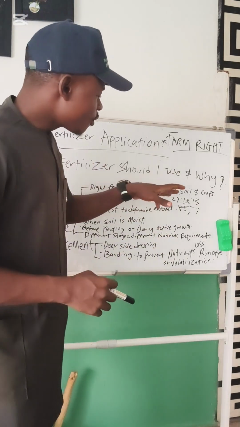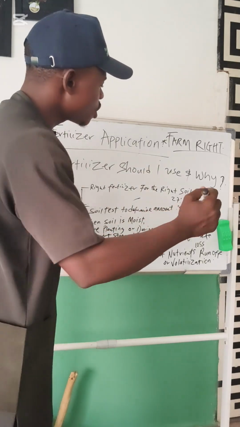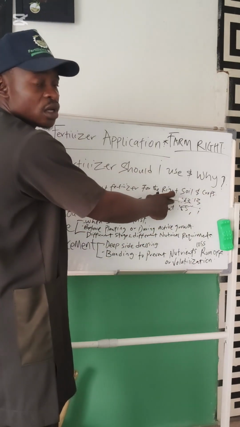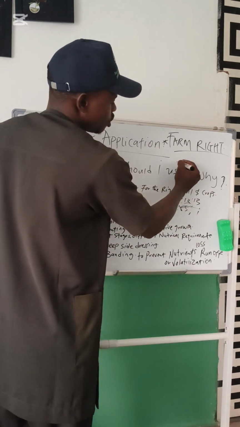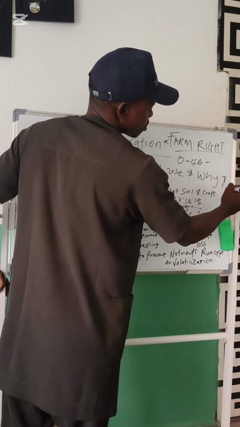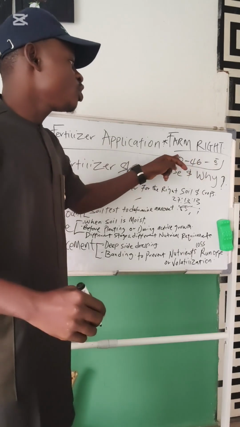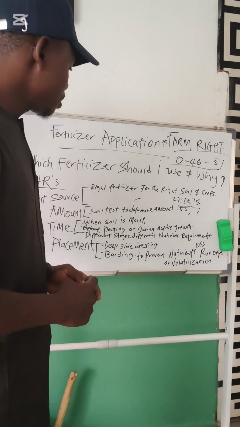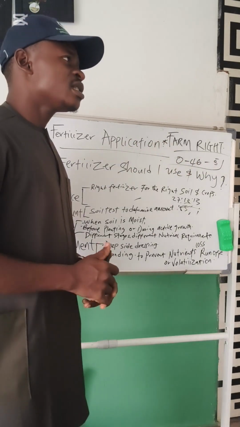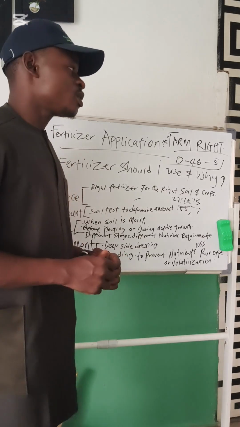No, for legume crops, you reduce the amount of nitrogen. In fact, some people even give 0, 46, and maybe 5 for overall health, but you take out nitrogen. So fertilizers like SSPs are best for legumes.